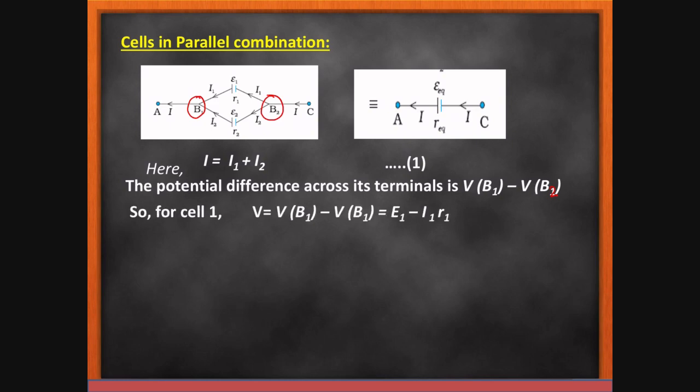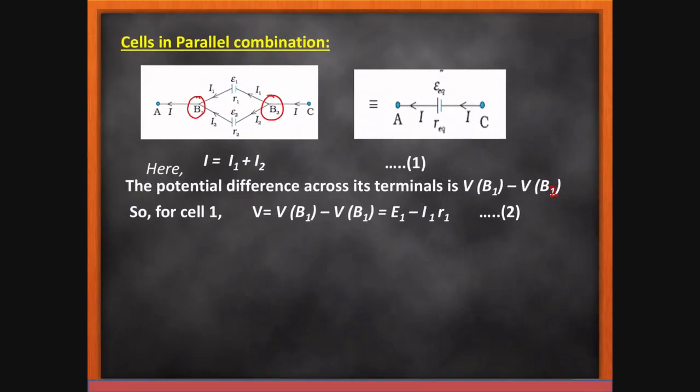For cell 1, VB1 minus VB2 is equal to E1 minus I1 R1, and for cell 2, VB1 minus VB2 is equal to E2 minus I2 R2.